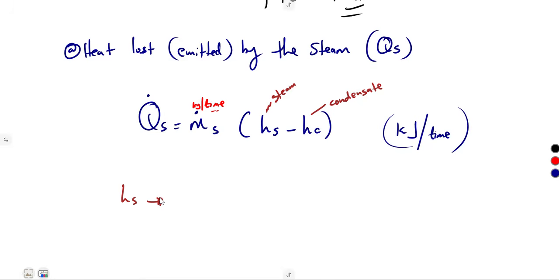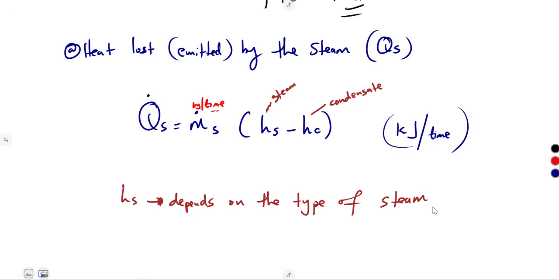Dry or what? Or wet steam. When the steam is superheated, we cannot have that HS. It's not gonna work. We are limited to that for the condensate. So meaning to say HS depends on the type of what? Of steam. Depends on the type of steam.